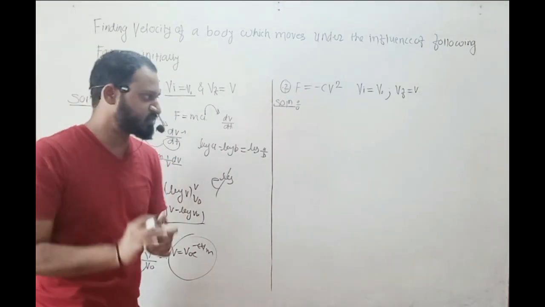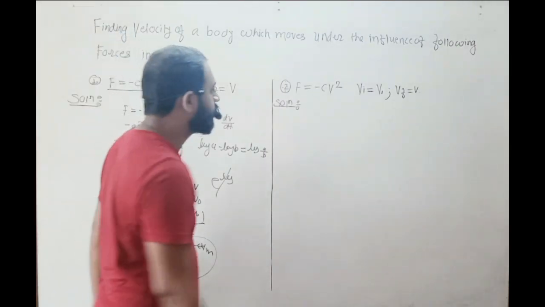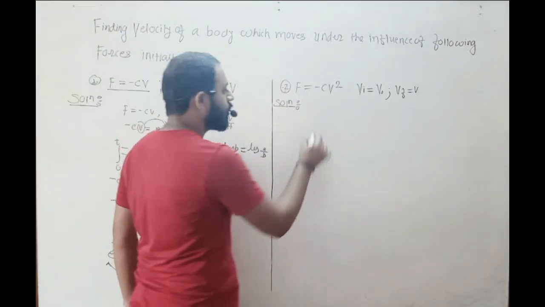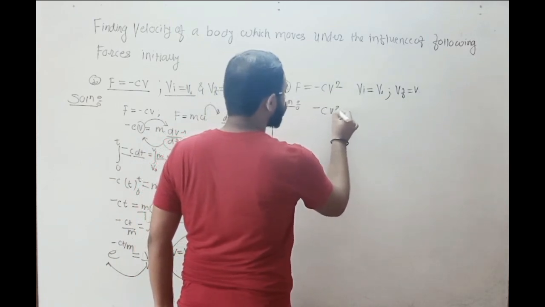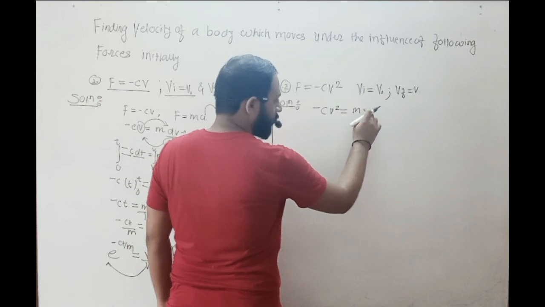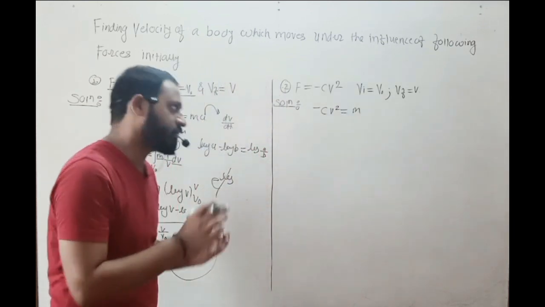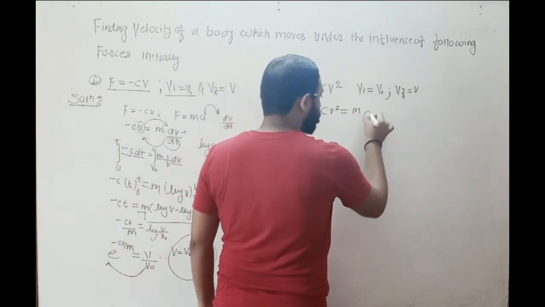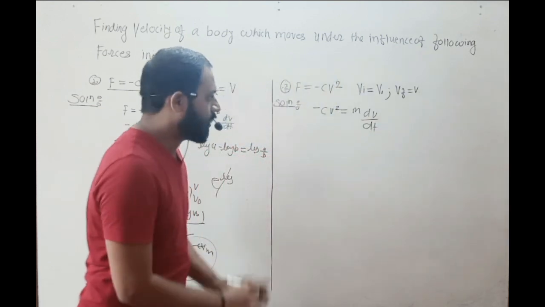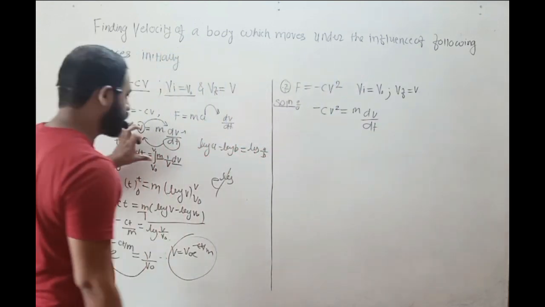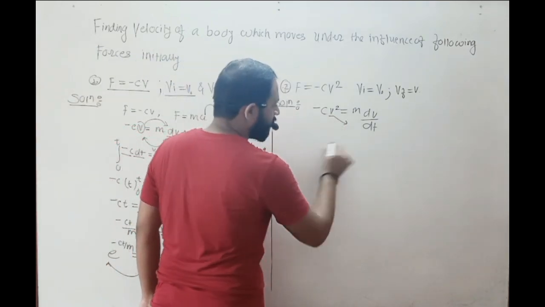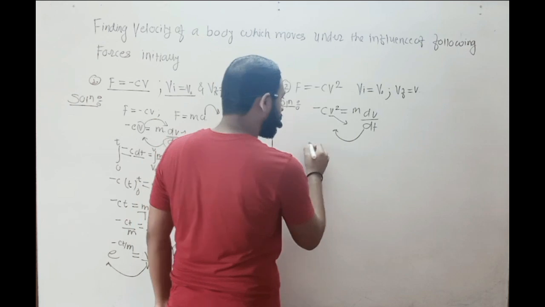Simple question. Now see the second one. The same method you have to follow. First of all, compare this force with respect to Newton's law, m into a, but in place of acceleration you have to write dv by dt. Now, just as you did in this problem, shift this v squared and this dt to the left hand side.